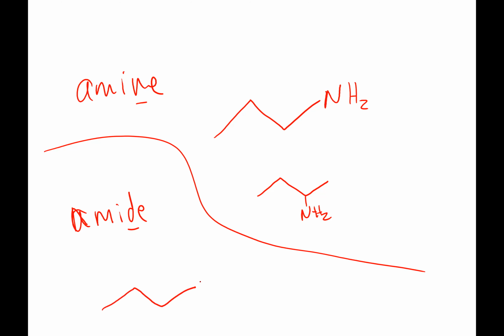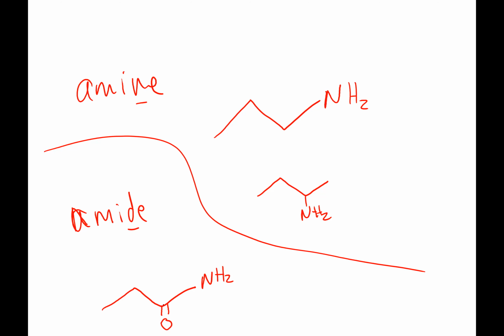An amide is very similar, with the carbonyl group. Oh my gosh, you just made my day. You made my weekend. You don't understand. I'm so happy that you called it a carbonyl group.